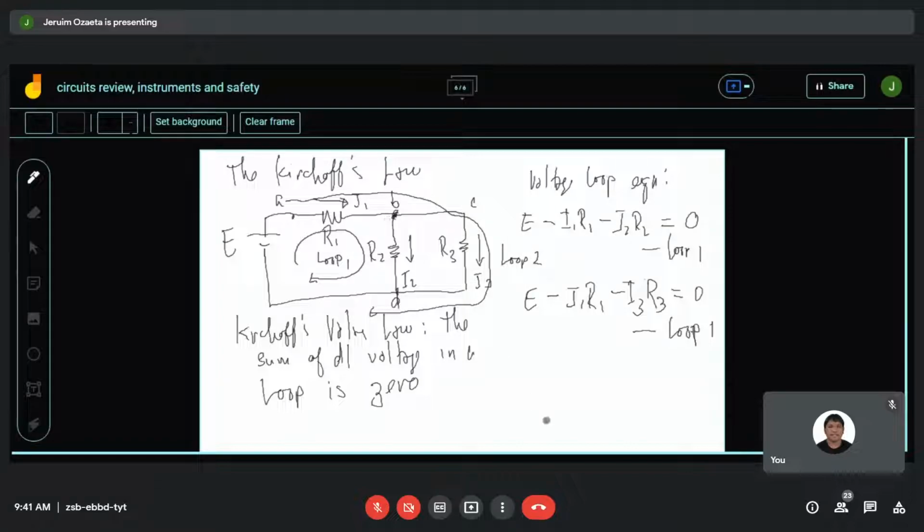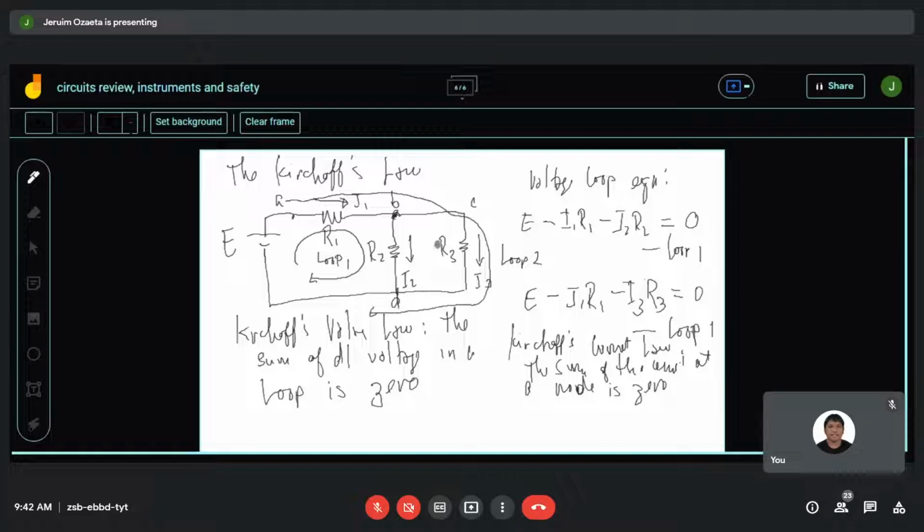So you can say that the Kirchhoff's current law is true at point B. Sabi na Kirchhoff, the sum of the current at a node is 0.